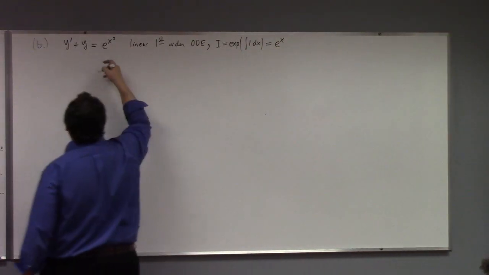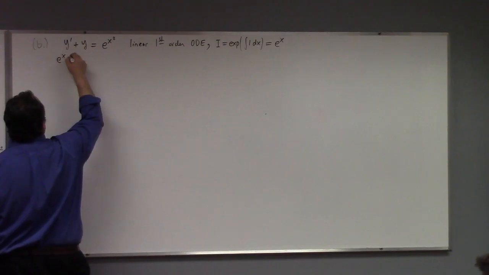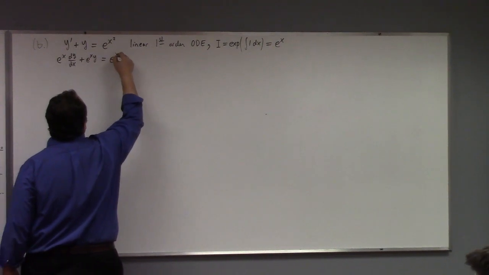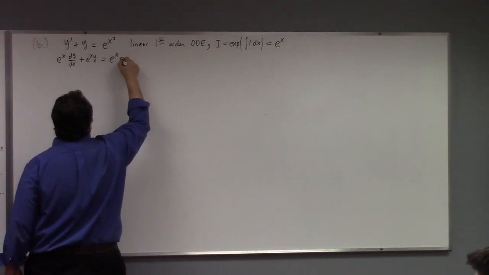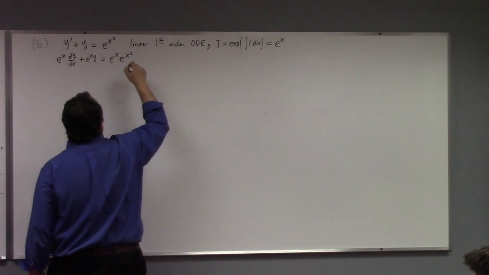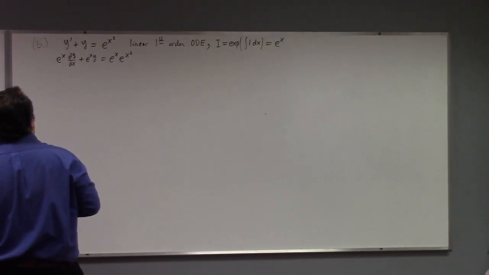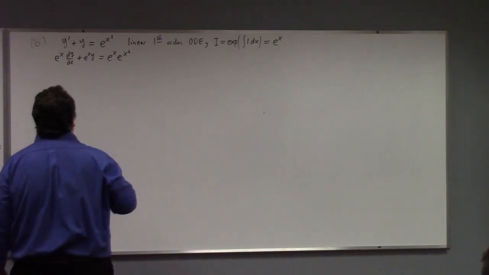So if I multiply this by e to the x, I've got e to the x times dy dx, right? Plus e to the x times y is equal to e to the x times, oh, it's ugly. Oh, it's hideous. Ooh, this is a nasty problem.